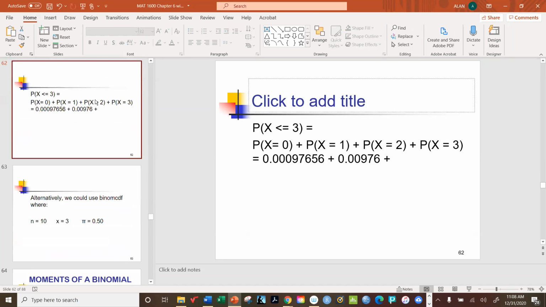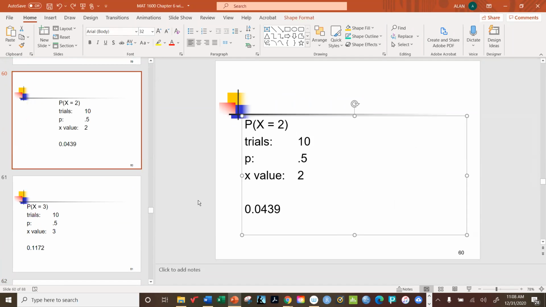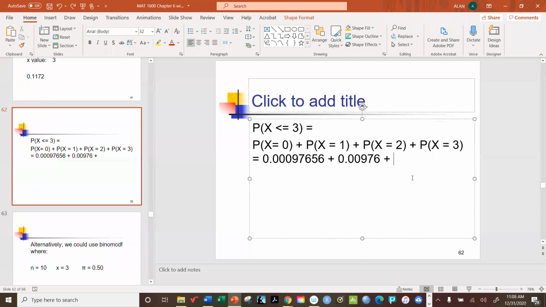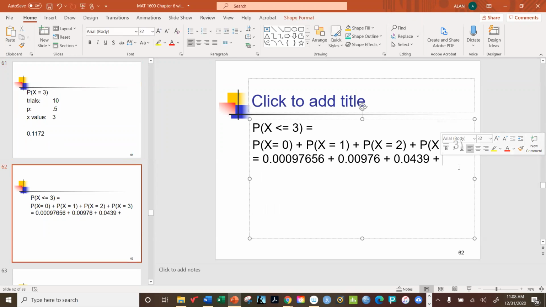Then for 2, we had 0.0439, and then we had 0.1172. So let's add those up. You can see there's a lot of calculations going on here, and the potential for making mistakes is enormous. But let's just add them up. This is going to be approximately 0.1718.